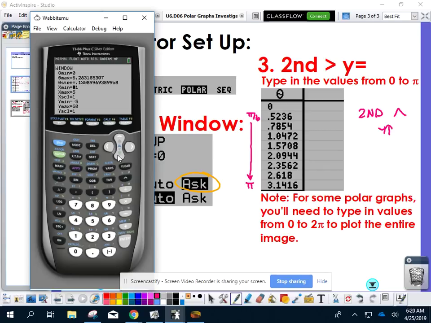And then for our x min and the rest of our window, we're going to match what that graph looks like. So it looks like we've got -6 to +6. And we'll make that scale be 1, just like the graph displays. Your y min will also be -6, and your y max will also be +6.